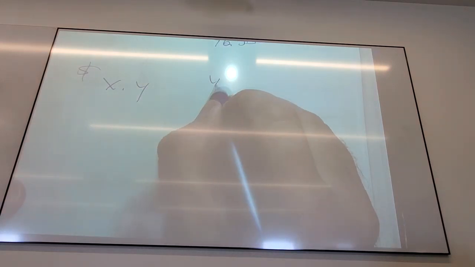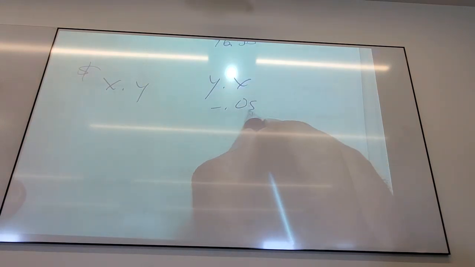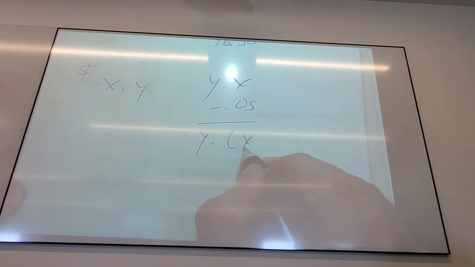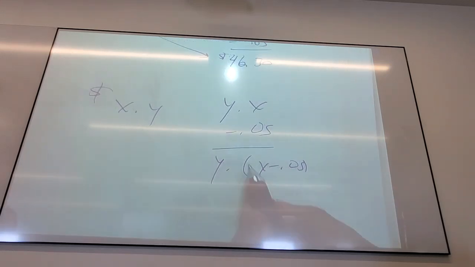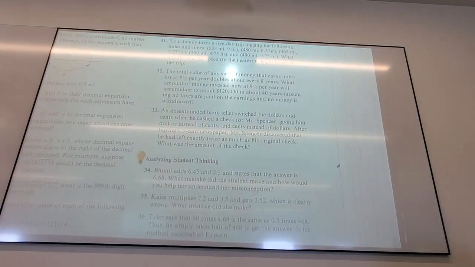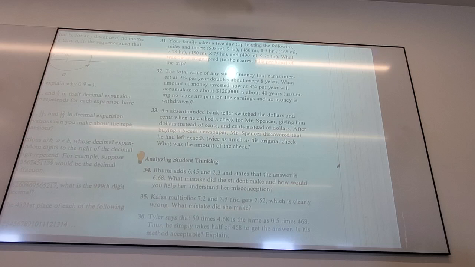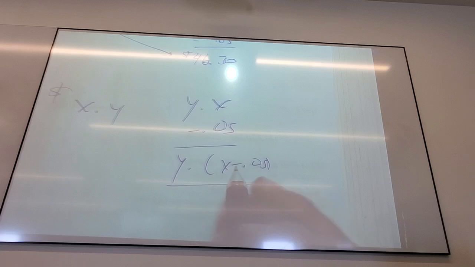So then the bank would give y point x, and when you take 5 cents away, you end up with y point x minus 0.05. That looks terrible, yes? So how do I make this exactly, how did they say it? Half? As much. Oh, it's supposed to be twice as much. Yeah, okay. I think I might have just said something backwards, but that's okay.